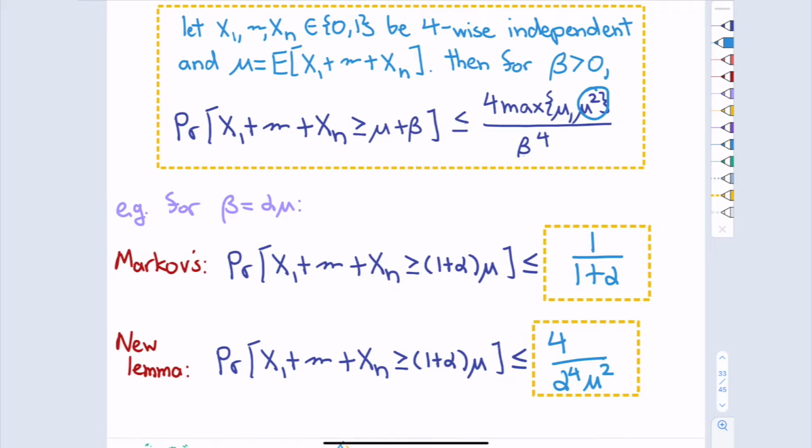All right. Another nice thing is, alpha to the fourth is better than 1 over 1 plus alpha, when alpha starts to get a little bit bigger. But the key thing is that we have this mu squared in the denominator. I think that's actually what we'll take advantage of today.